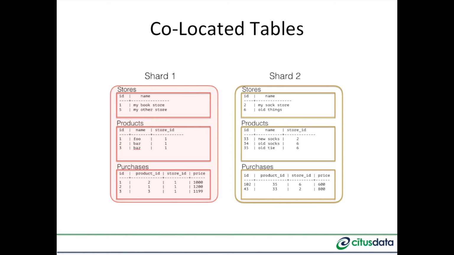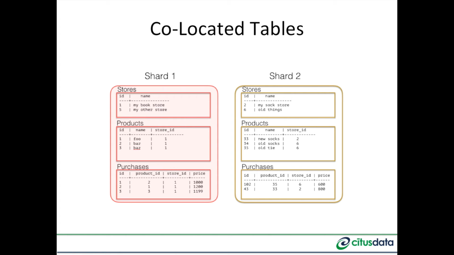One other important concept is the idea of co-located tables. In the current Citus release, or in the next Citus release actually, you can make this explicit. So let's say you have a store that has products, that has purchases. The idea is that all of these tables for a given tenant ID or store ID live on the same node, so that you can run joins against them, so that it's basically isolated to that shard or that node.